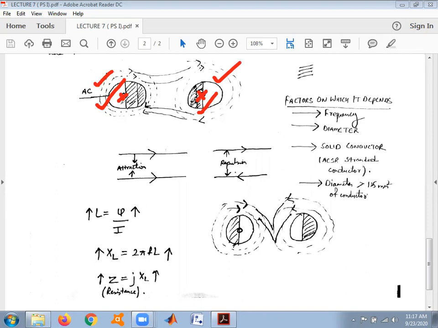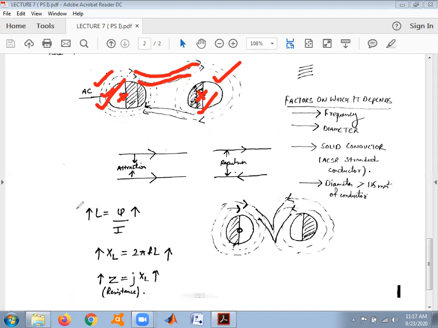When flux is induced around the conductor, the flux induced at the outer ends, due to the same direction, will be more. Look at these three equations.